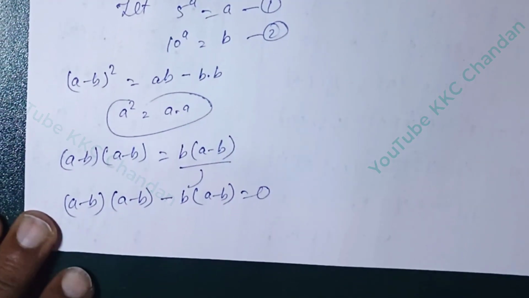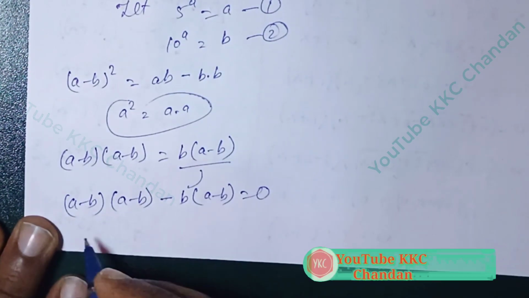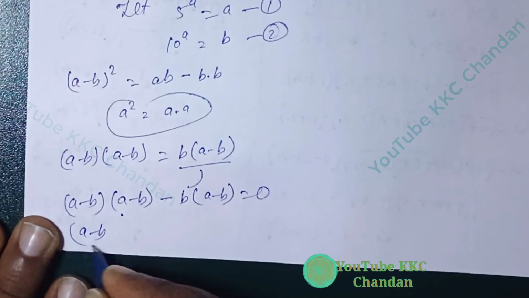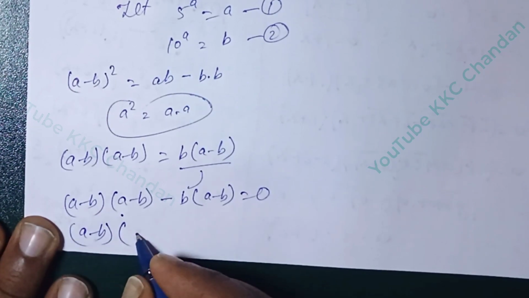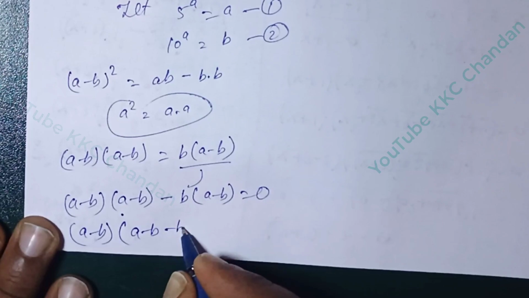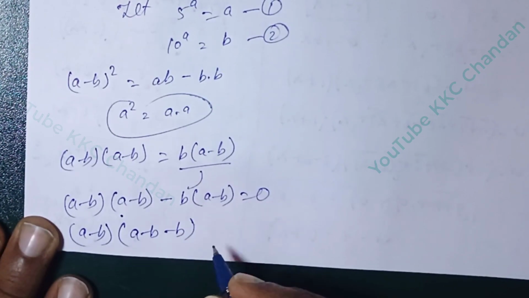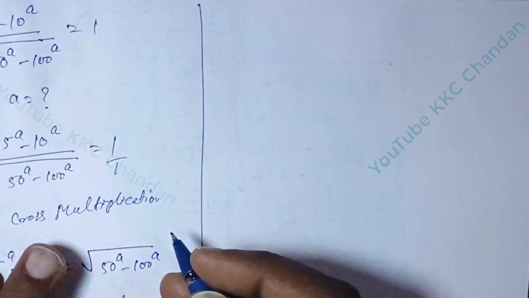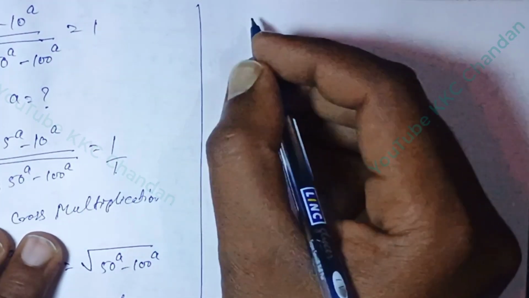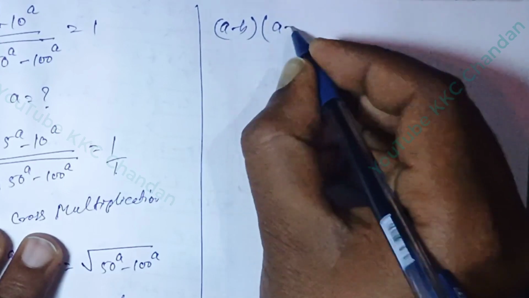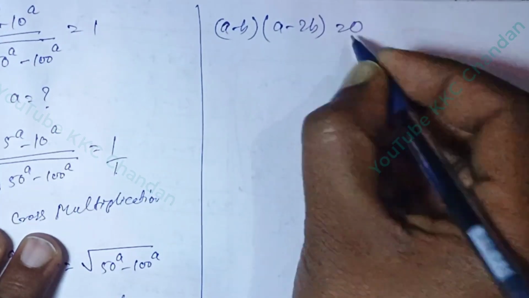Next step, take common (A − B) into, left it (A − B), here left it −B, bracket close is equal to 0. Next step, (A − B) into (A − 2B) bracket close is equal to 0.